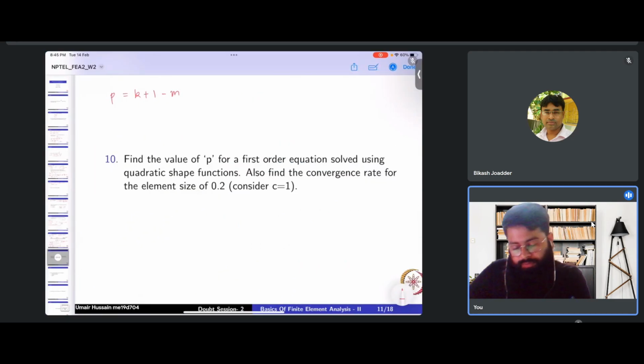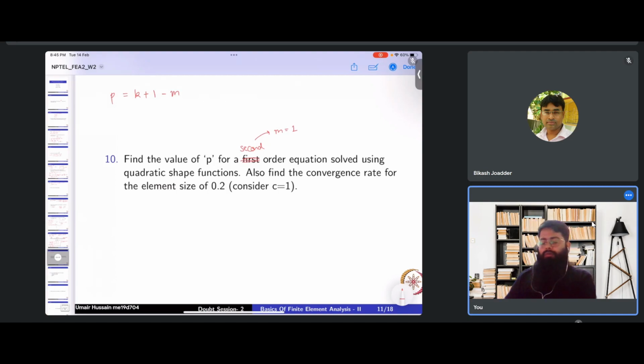So for a first order equation, I'm sorry, it's not first, it should be second. You usually deal with second order equations or fourth order equations in FEM. So for a second order equation, it means the value of M equals 1, right?